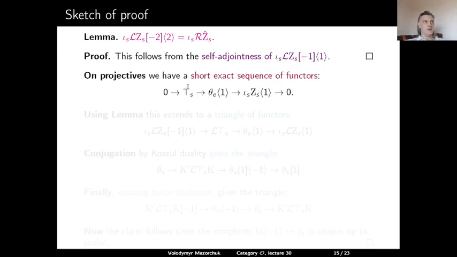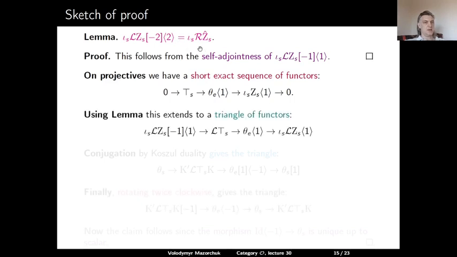Then we know that on projective modules we have the following short exact sequence of functors. Ts is a subfunctor of the identity shifted by 1, and the quotient is the composition of the Zuckerman followed by inclusion and then shifted by 1.